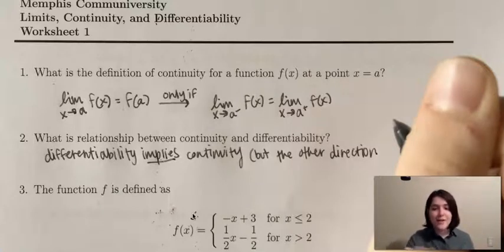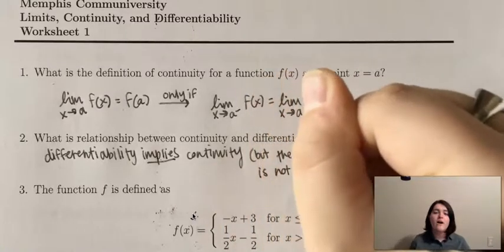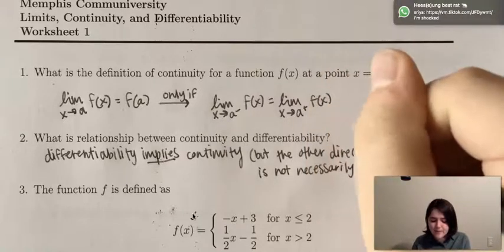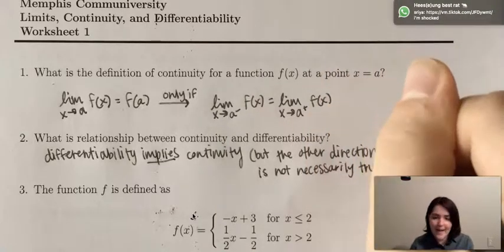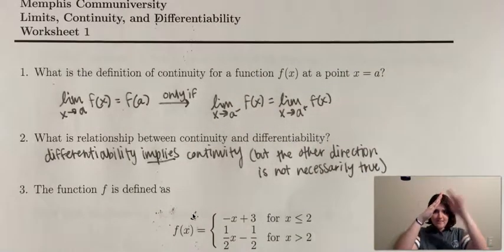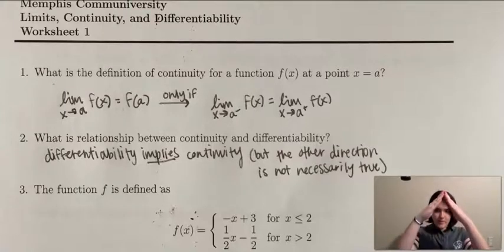But the other direction, as I'm writing right now, is not necessarily true. Continuity doesn't necessarily imply differentiability. An example of this would be absolute value. You have your absolute value, and it comes to a sharp point at the top, like right here. At sharp points, there is no slope because the two sides are going in opposite directions.